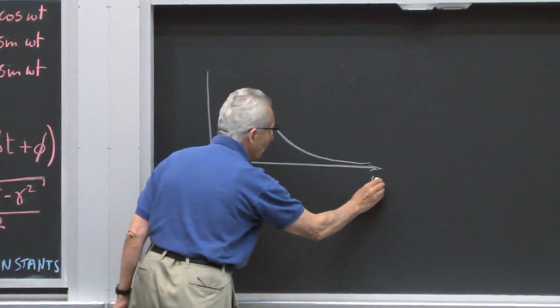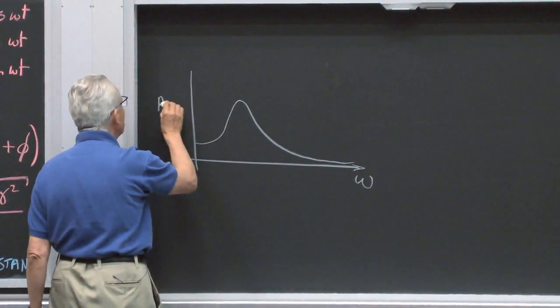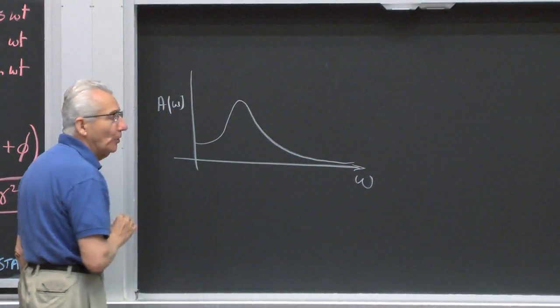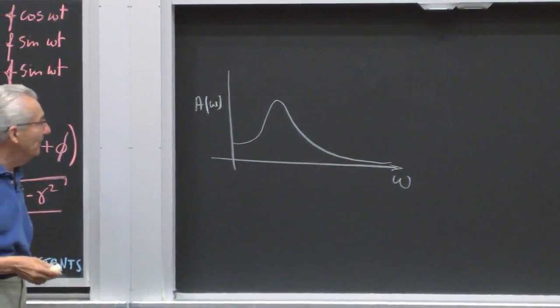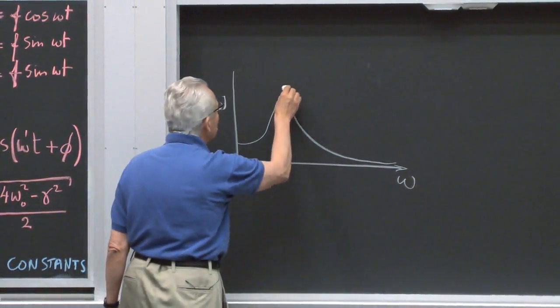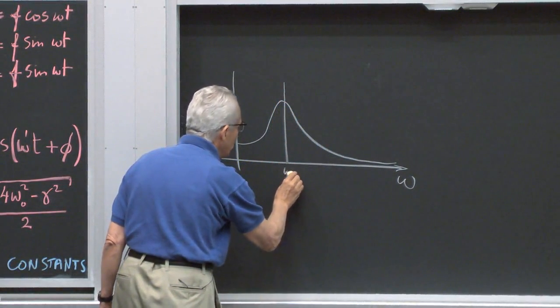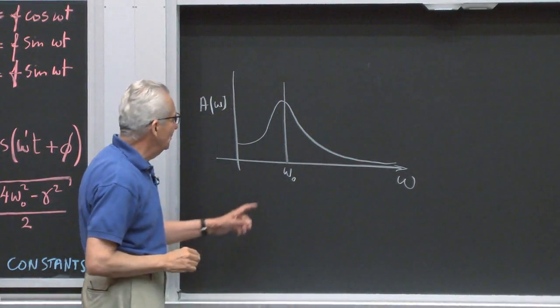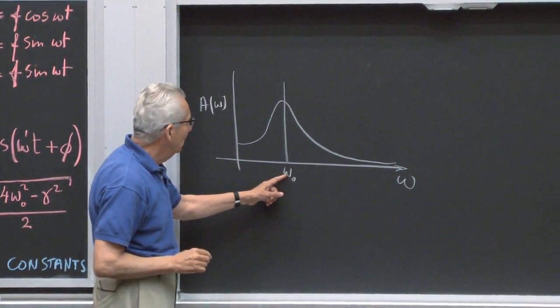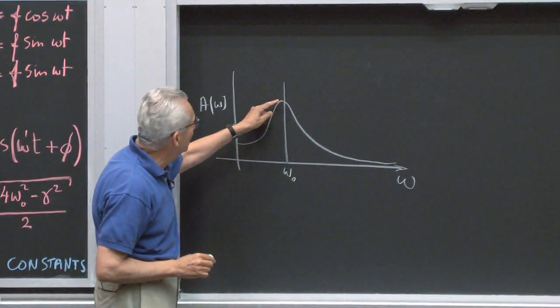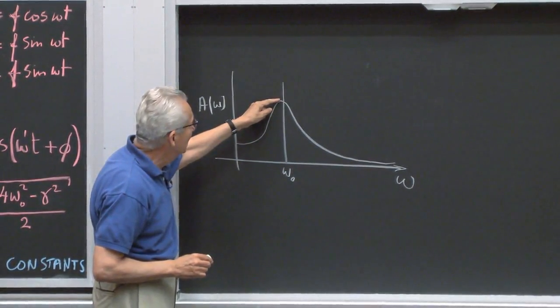This is, as a function of omega, the amplitude, the response of that oscillator. If you do that, you'll find that if the natural frequency of oscillation is over here, the maximum is slightly below, sorry.